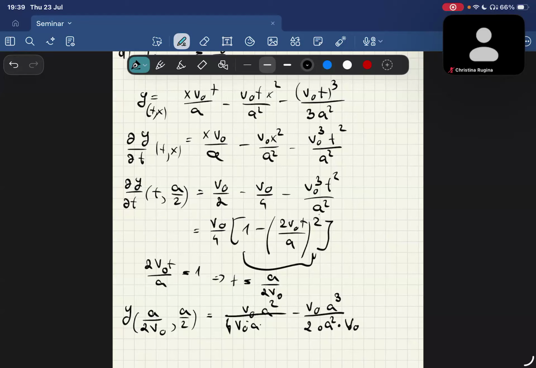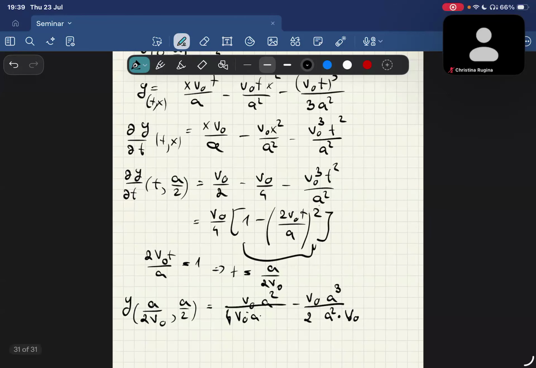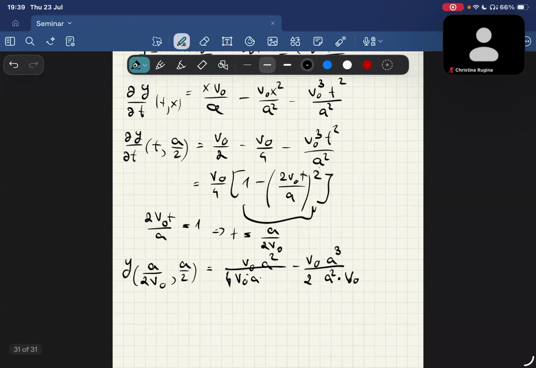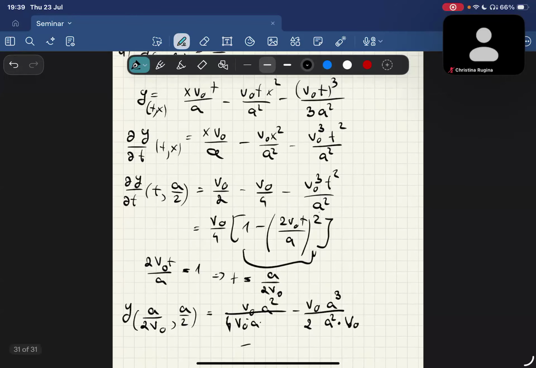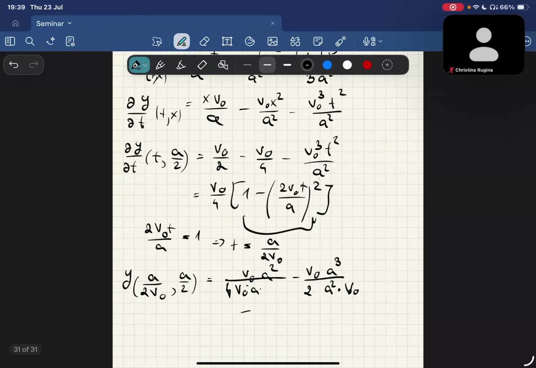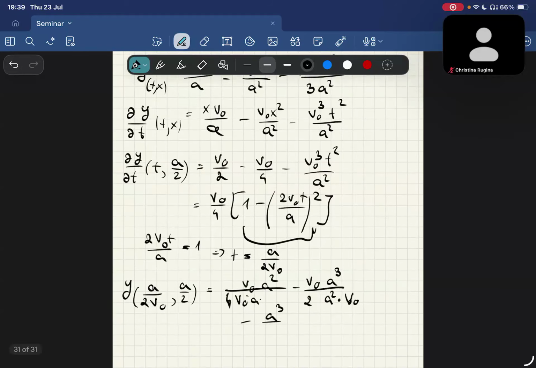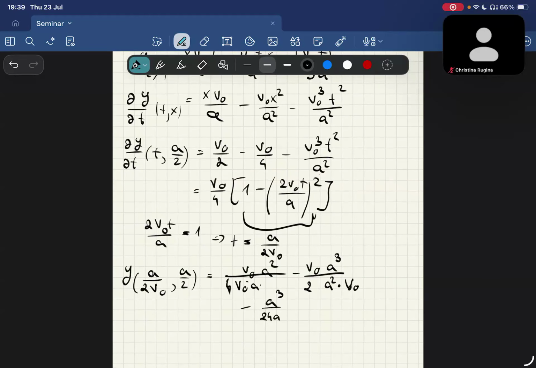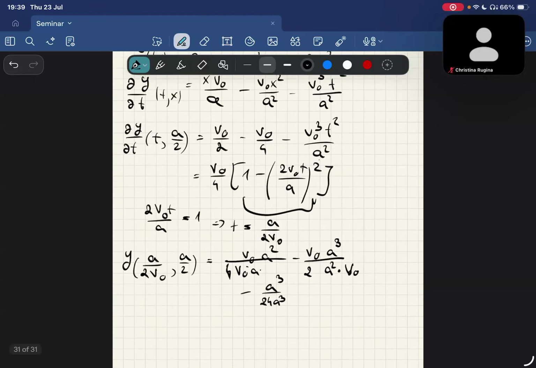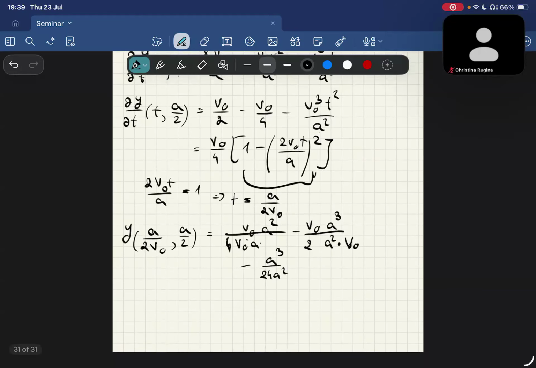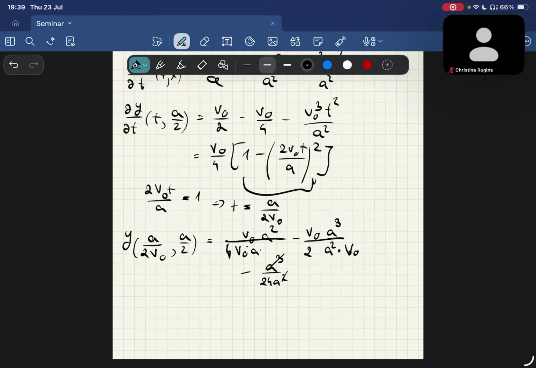It's just v0 here. Okay, and minus a to the third power over 24 a to the third power to the squared, okay, which will get just a here and this is here.